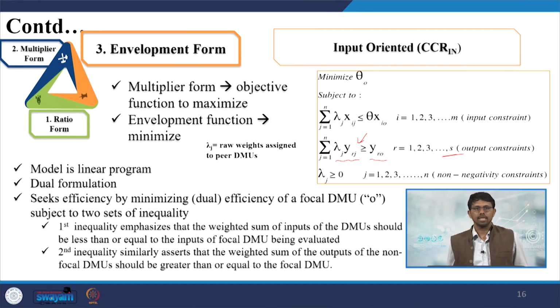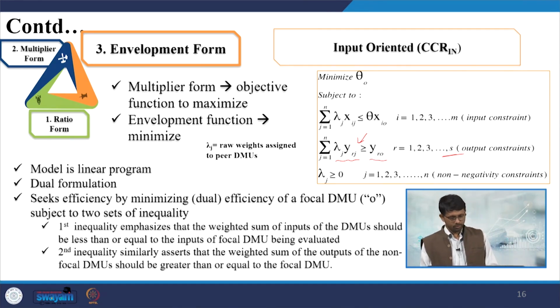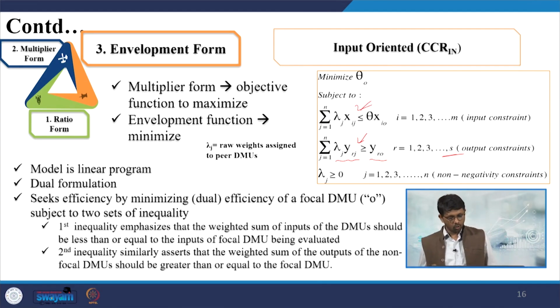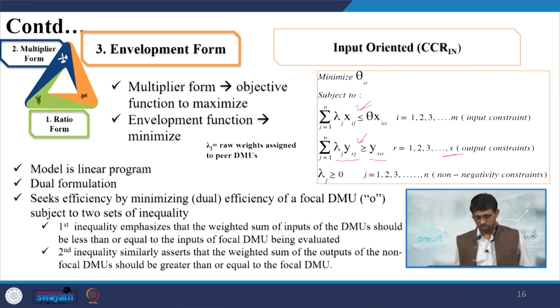The first inequality emphasizes that the weighted sum of inputs of the DMUs should be less than or equal to the inputs of the focal DMU being evaluated. The sum of the other DMUs' inputs must be less than that of this.